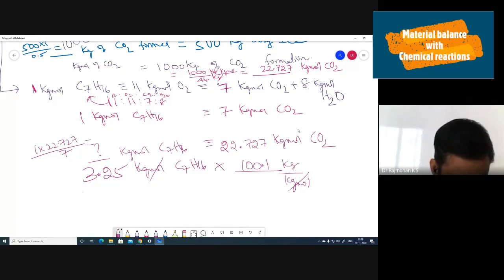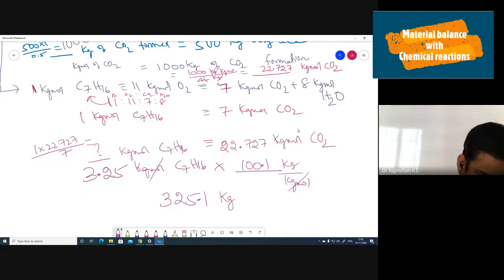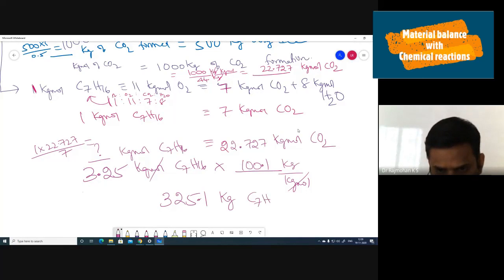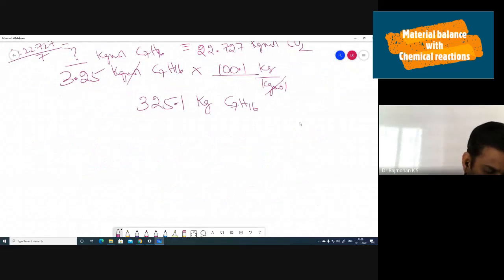Multiplying 3.25 by 100, you are going to get 325.1 kg of C7H16. So write the answer in a sentence as asked in the question.